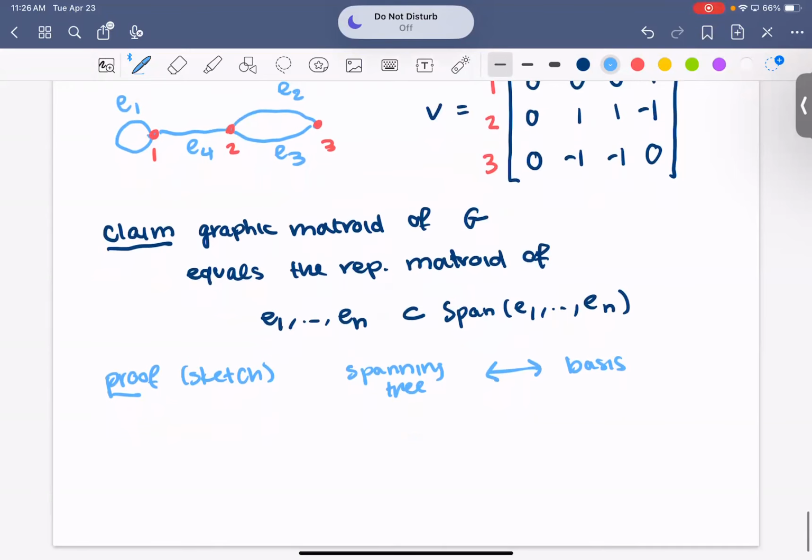For the forwards direction, proving that a spanning tree gives me a basis, I'll argue the contrapositive.